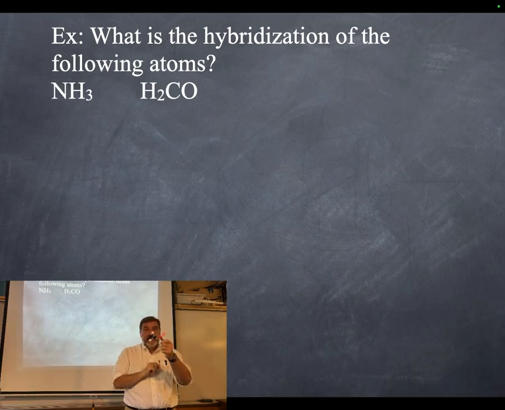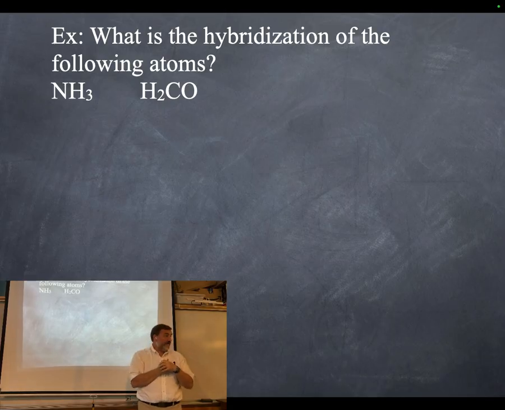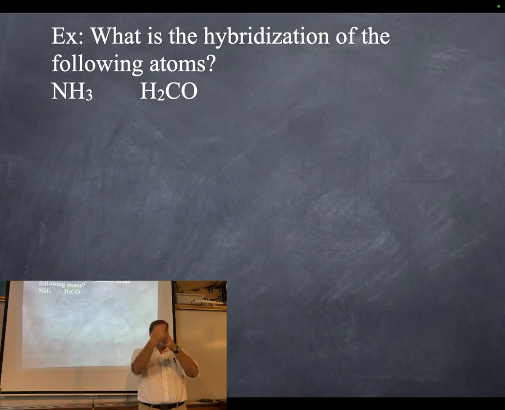So 1, 2, 3, 3 electron domains around the carbon. Start with S. How many P's do I need to add to get to 3? So sp2 hybrid orbitals. sp2. The oxygen, also sp2 hybrid. 1 bonding domain, 2 non-bonding domains, also sp2 hybrid.